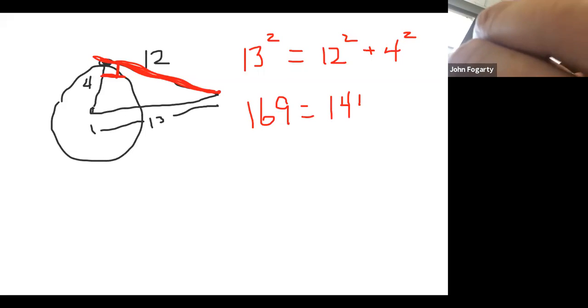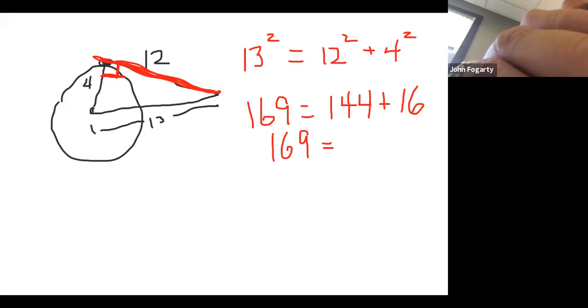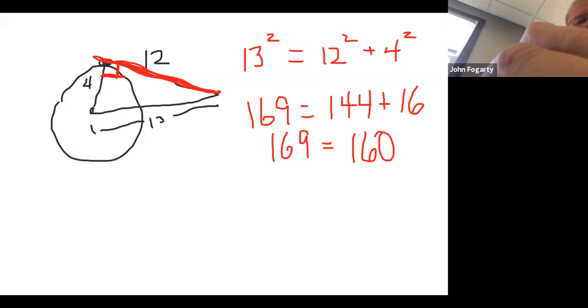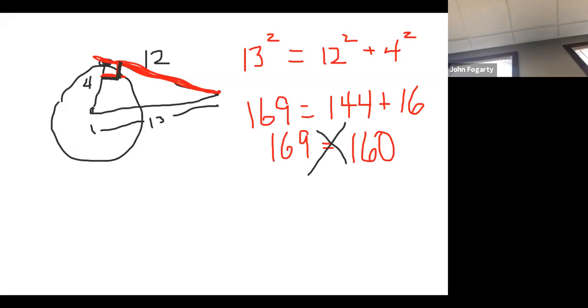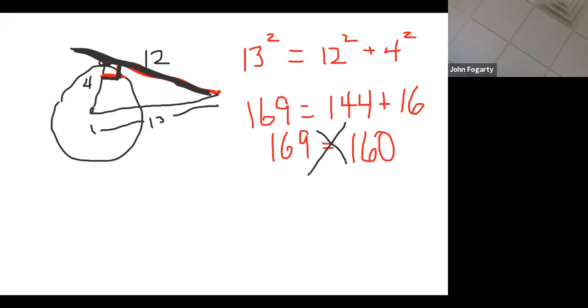What's 144 and 16? 160. Those two values are not equal. That's not a right triangle. So this segment is not perpendicular, so it is not a tangent. Does everybody understand that?